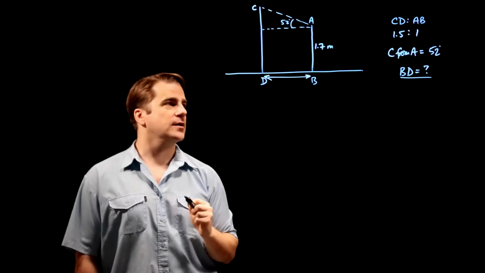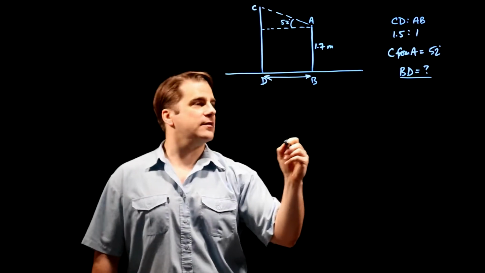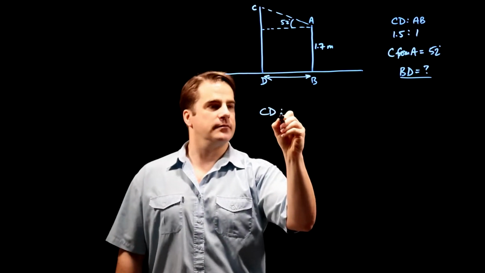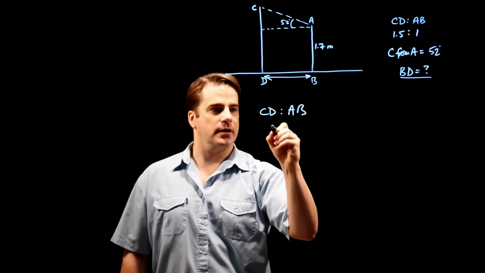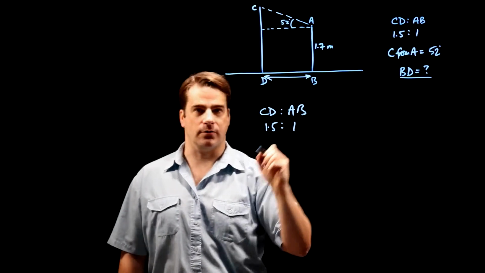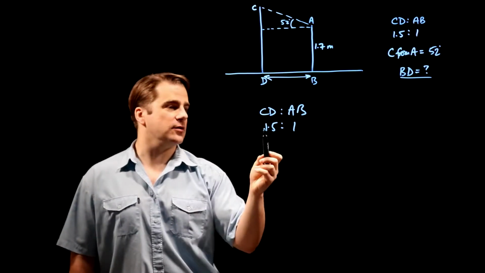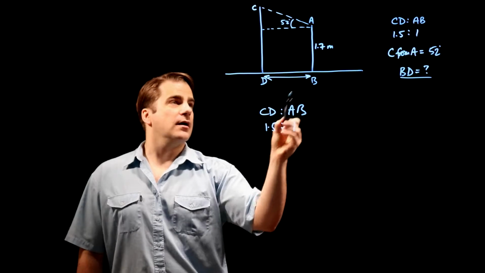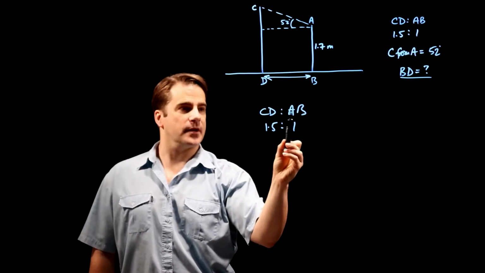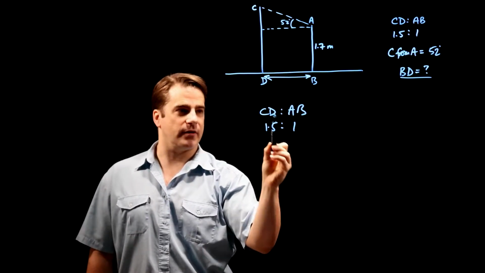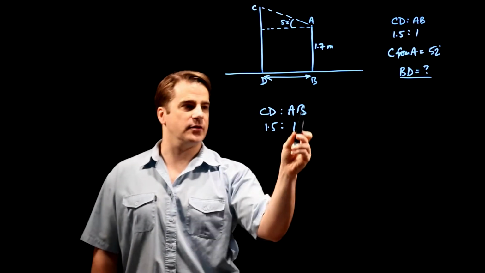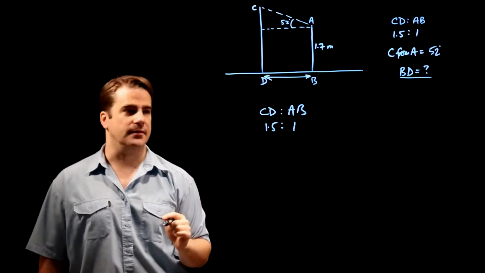All right, so let's start with CD to AB is 1.5 to 1. Okay, let's convert that into an equation because we know AB, it's just CD. We can convert this into an equation and find out CD immediately.